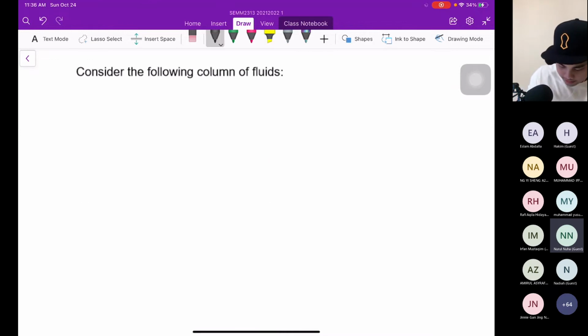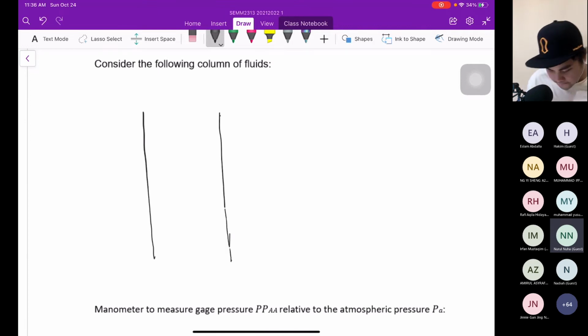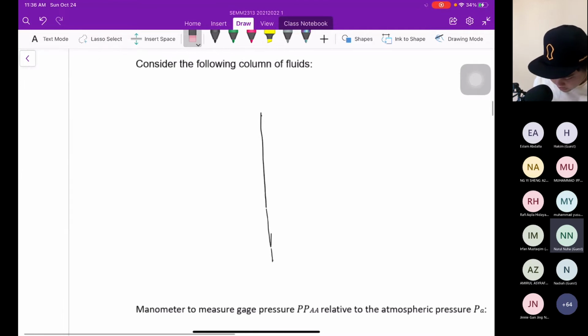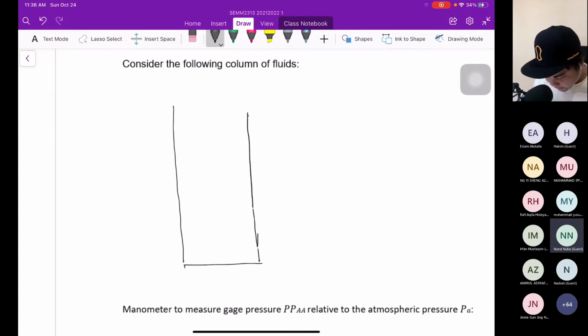Inside the column, this is our base, reference.